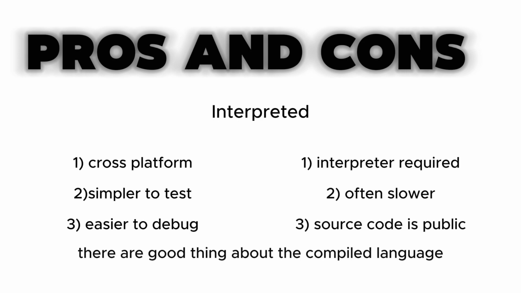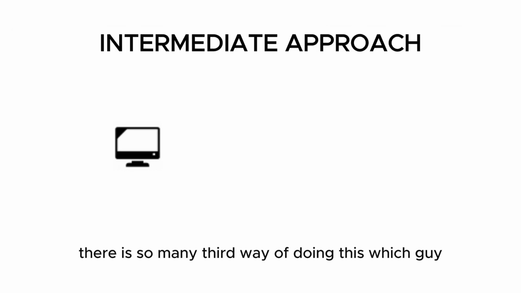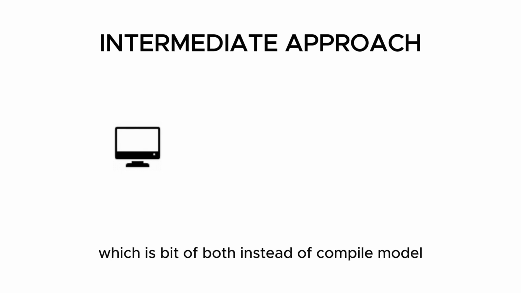Now there are good things about a compiled language and good things about an interpreted language. So there is a third way of doing this, which is a bit of both.